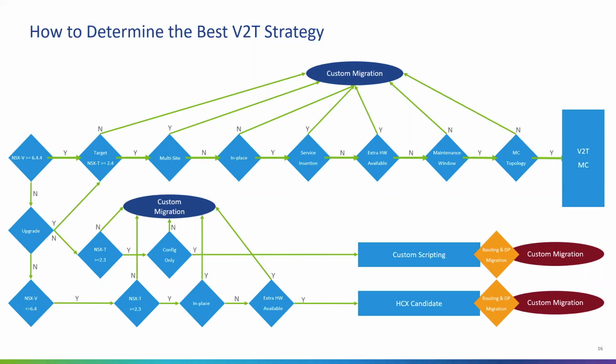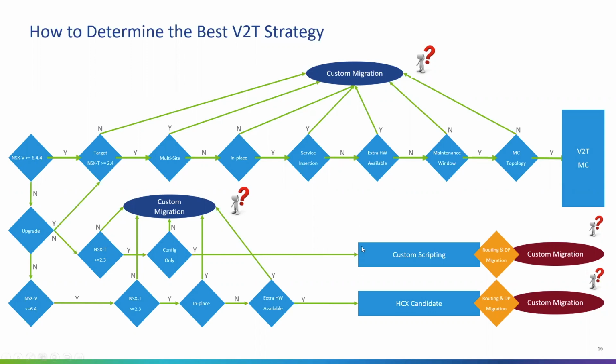While Andrew's working on that, when you look at this slide where it says custom scripting, that's something that we've been doing quite a bit of. If you do a migration across the bridge in a lift and shift, you have to move VMs from the NSX V segment across the bridge to an NSX T segment.